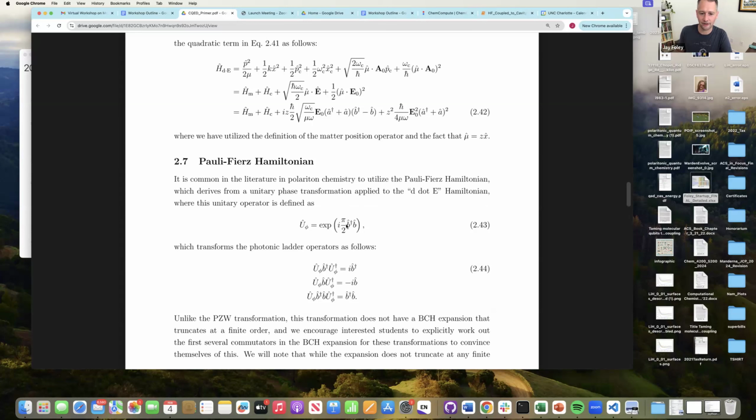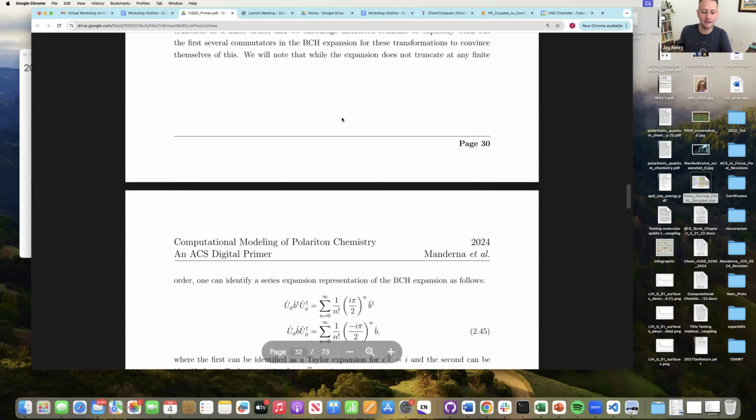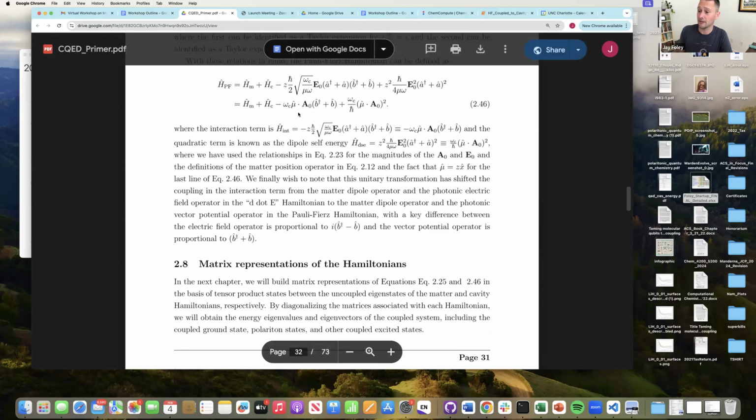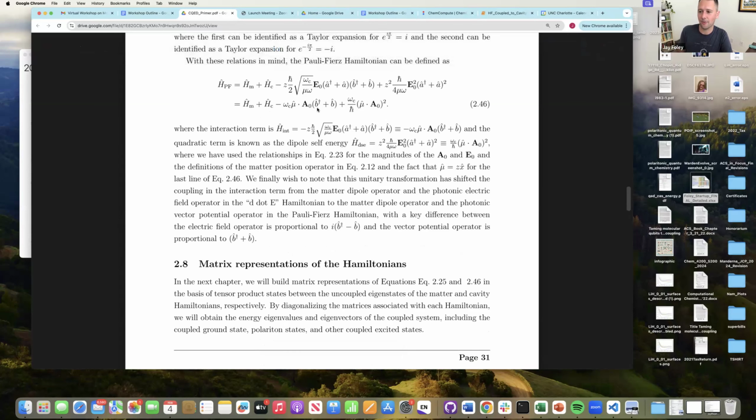And the net effect of applying this phase transformation operator is to switch the bilinear coupling term into one which now looks like this. So it gets rid of the imaginary unit in the bilinear coupling term, but also ends up changing things around so that now you're back to the vector potential operator for the cavity subsystem dotted into the dipole operator of the matter subsystem.